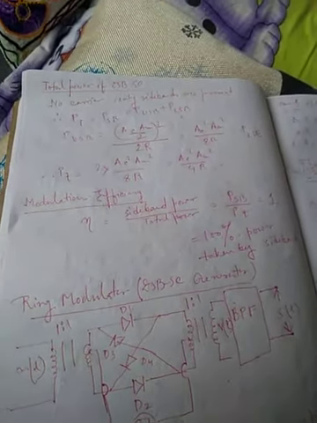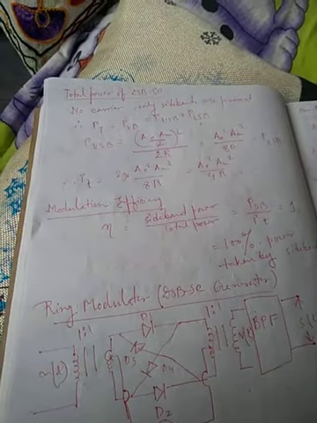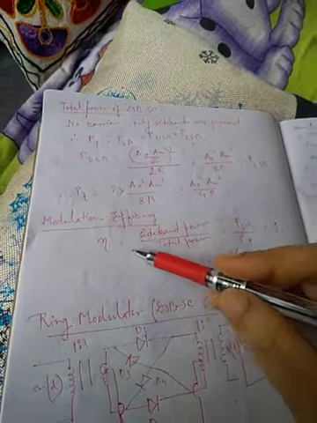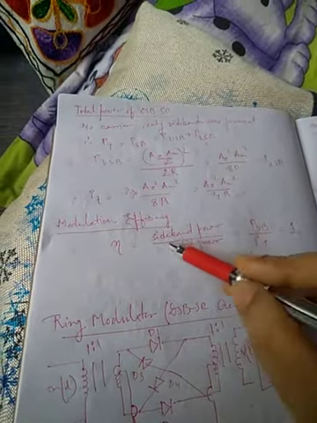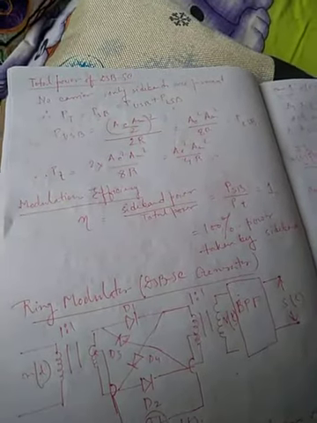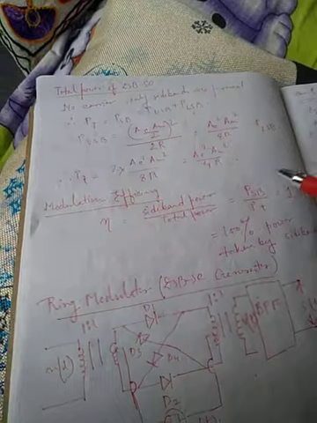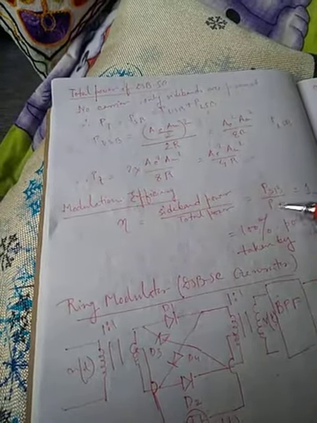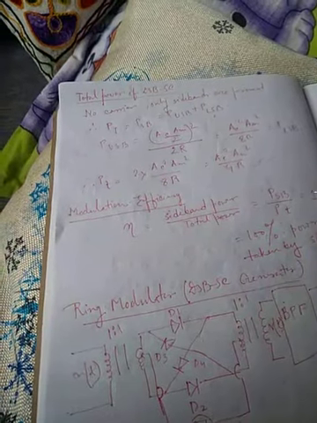Next, coming to the modulation efficiency part, we already know the formula: eta is equal to total sideband power by the total power. That means in the total power, what is the contribution of the sideband power? Here the total power is the sideband power, so sideband power by total power is nothing but 1.